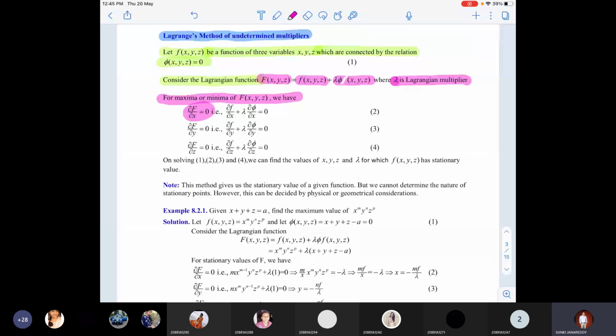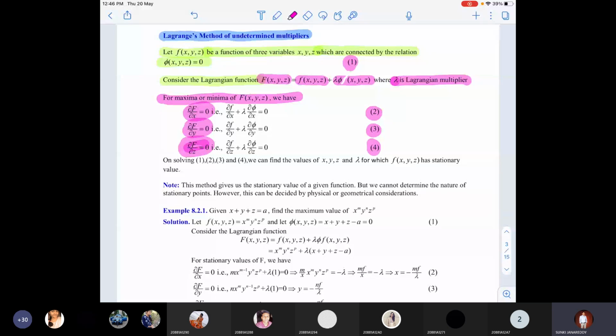For minima or maxima of capital F of x comma y comma z, we have dou F by dou x equal to 0, dou F by dou y equal to 0, and dou F by dou z equal to 0. We should find these values. After we get these three equations and equation number 1, the given relation, by using these four equations we should find the x, y, z values and the lambda value.